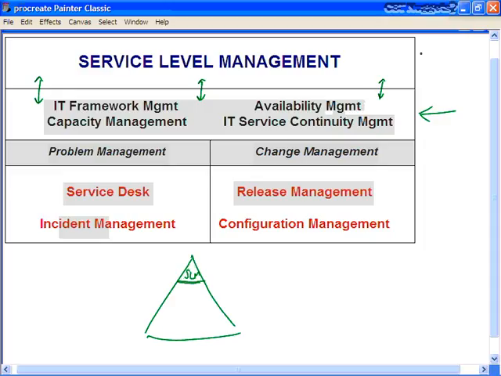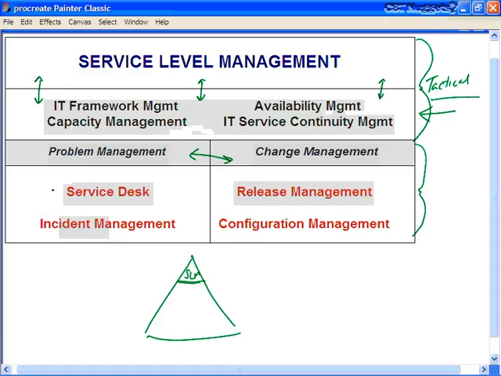As a matter of fact, these upper tier services, service level management, availability, IT service continuity, capacity, and IT framework are often referred to as the tactical aspect of responsibility. And then down here what we have is really 2 different categories. You've got problem management and change management, which we know are tightly coupled.